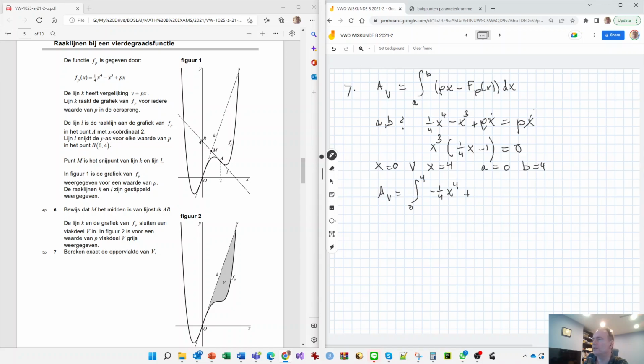That's then a plus. Dx, and that is not too difficult to get the primitives from. Just be a little bit careful here with the factor you get from the exponent.